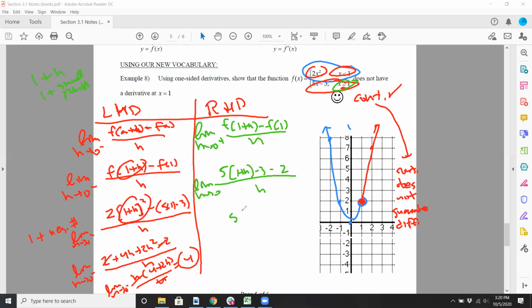So that's 5 plus 5h minus 5 over h. Those cancel. And we're at 0 plus. So you have 5h over h, which of course reduces. So it's just 5.